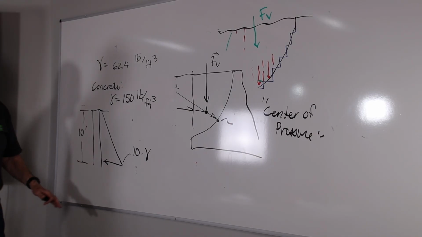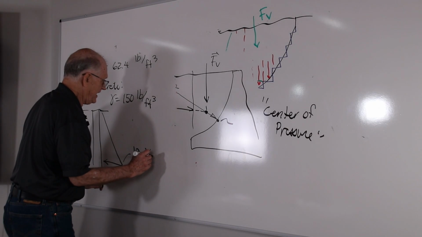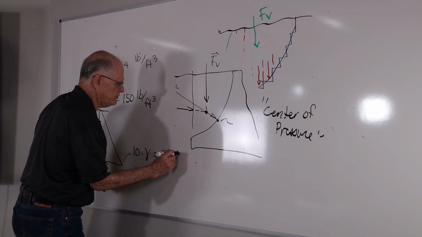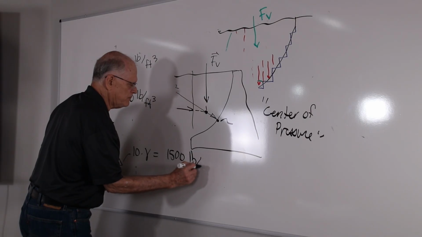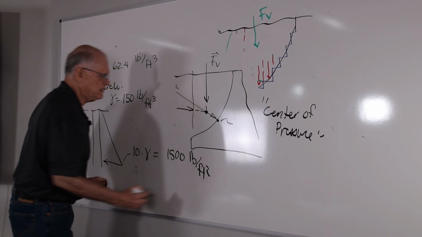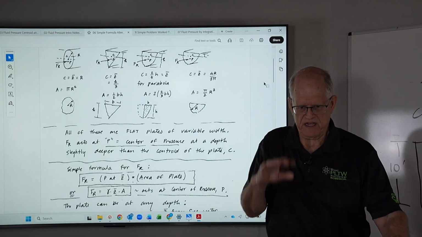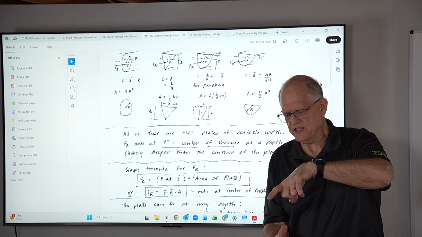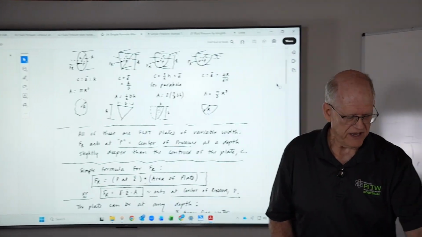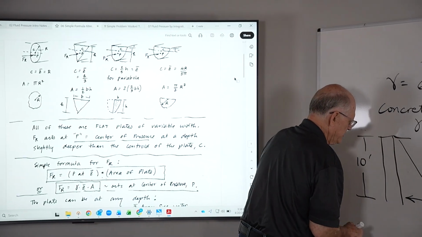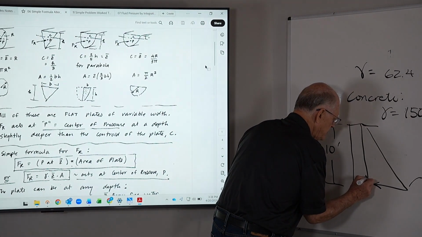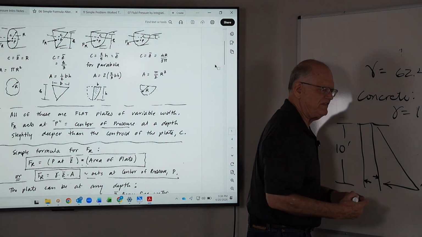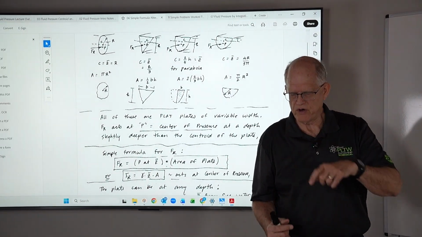You might think that doesn't sound like very much. But you take 10 times 150, and you get 1,500 pounds per square foot. For every square foot at the bottom of that wall, the concrete slurry is pushing outward with a force equal to 1,500 pounds.